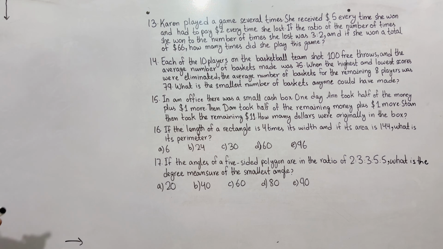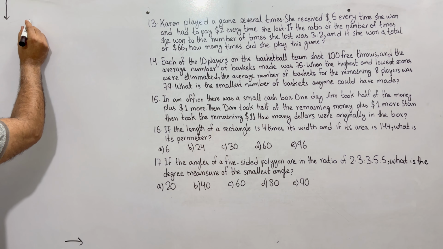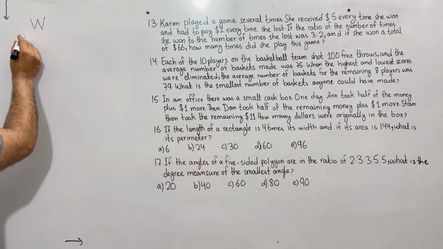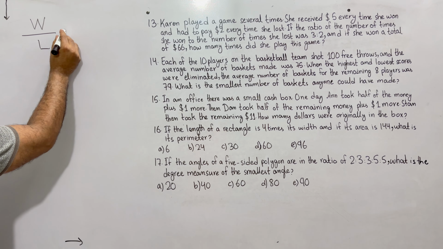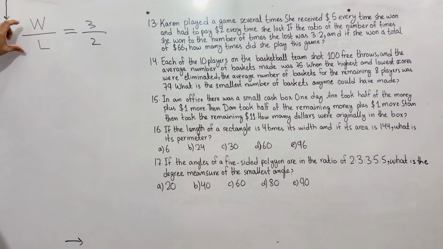Let's translate this into a mathematical model. Won and loss. Let me write W for won and L for loss, ratio of won and loss. Ratio means division, we are familiar. I have written W/L = 3/2.